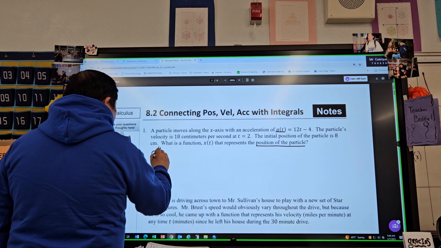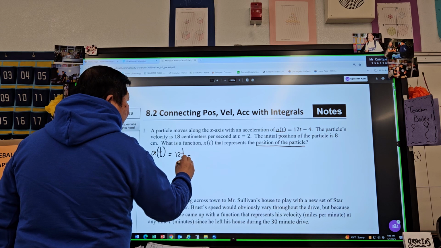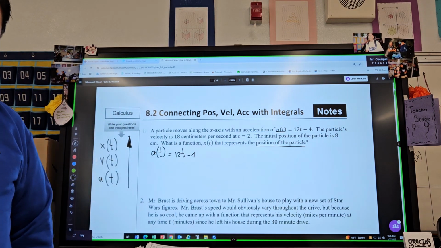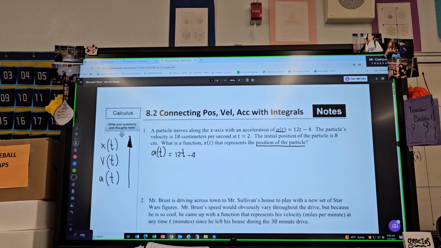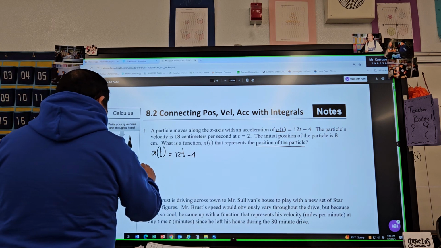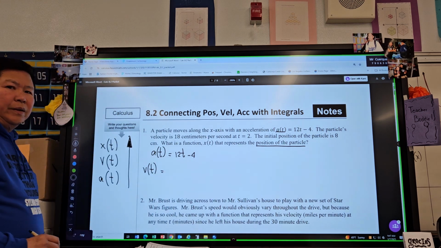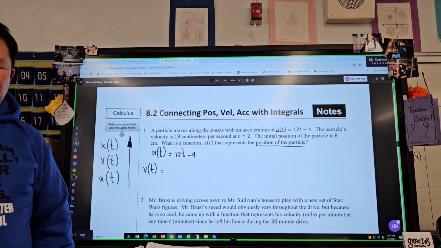A of t is equal to 12t minus 4. Okay, so would anyone tell me the velocity of this? So we say velocity, or v of t, is equal to, we're gonna divide by 2, right? And then what else?